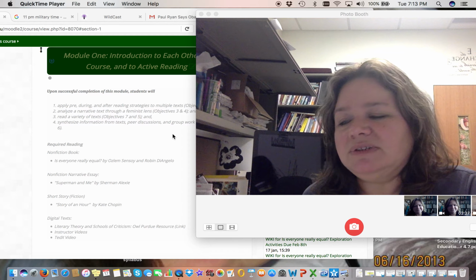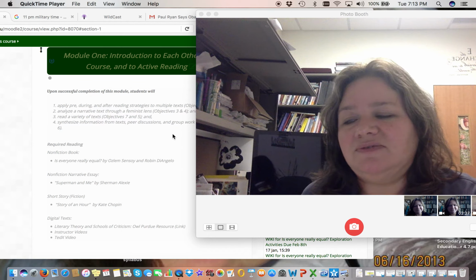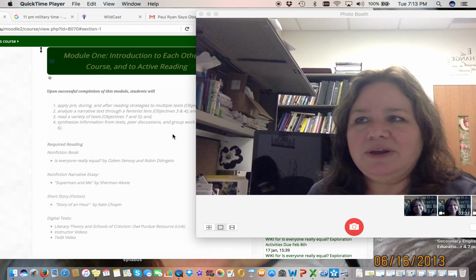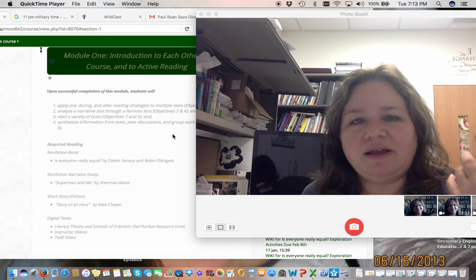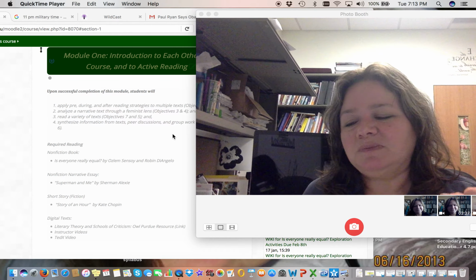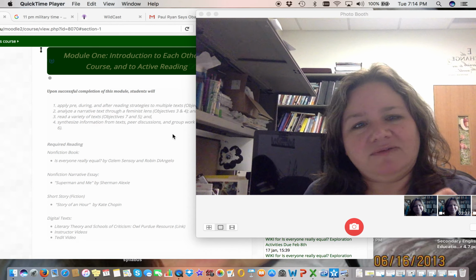The next reading strategy is visualize, and the symbol is V. Now this one is great. Really good readers, it's like when we read, a movie's going on in our heads. We can visualize everything that's happening. When that's particularly vivid while you read, I want you to jot down V and what is so striking.